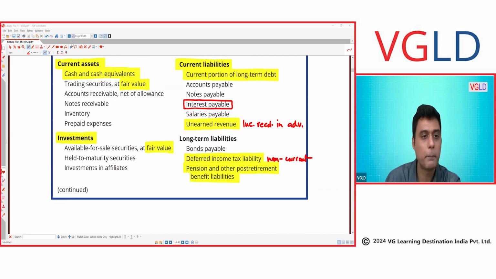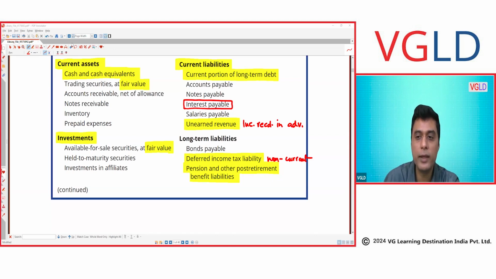Mohit? So where do you see these items? You have to tell me the exact page number, para number, and I'll be able to answer your question.